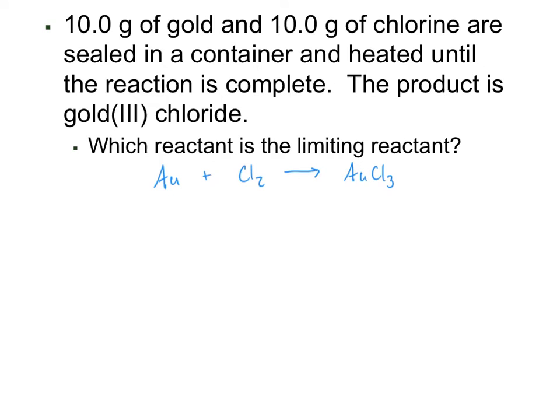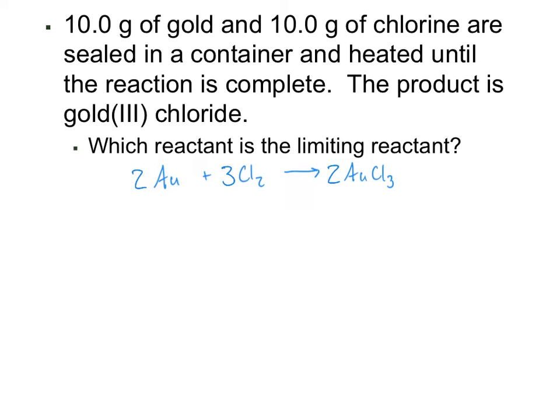And so the first thing that we see we have to do is probably double our number of gold chloride molecules in order to get an even number of chlorines. And so from there we see that we're going to need 2 golds and 3 chlorine molecules to react. And so we now have a balanced chemical equation.